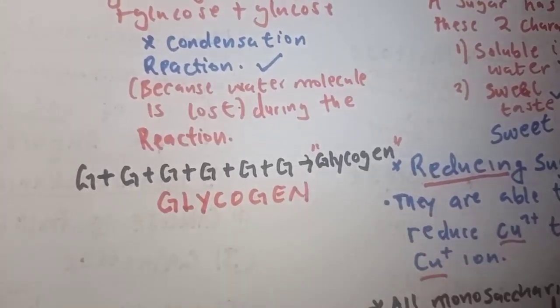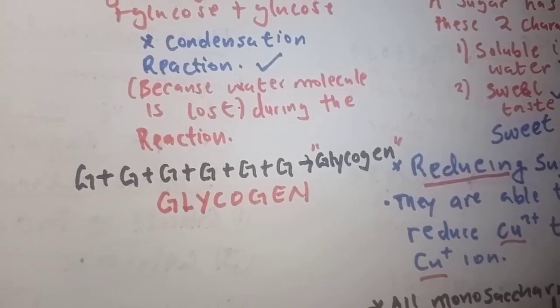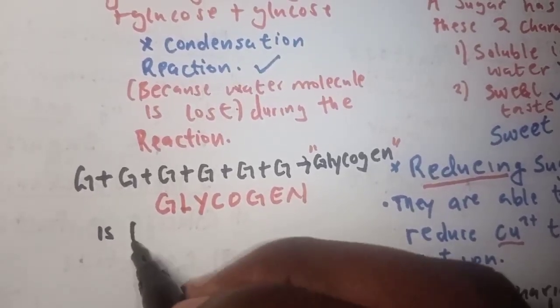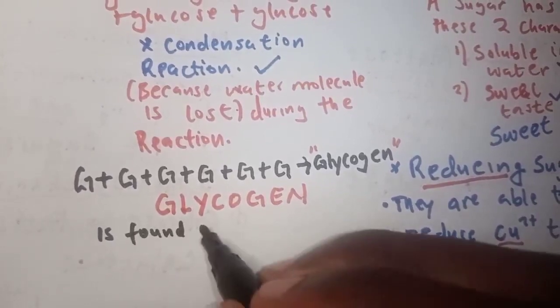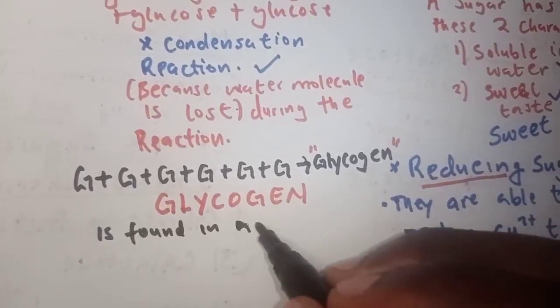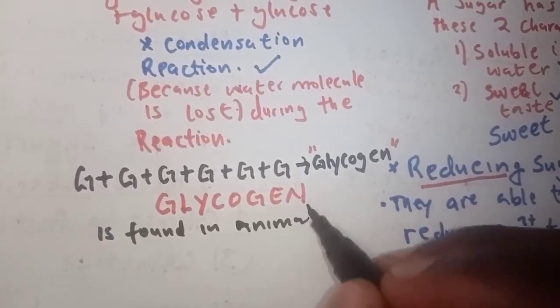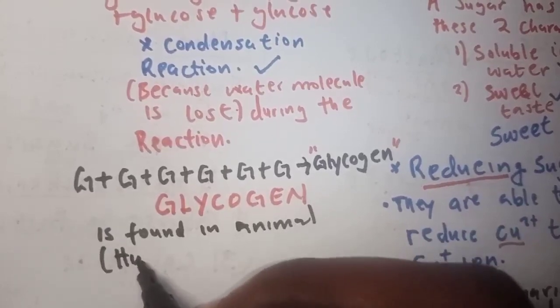Glycogen is a polysaccharide, and it is found in animals, in humans.